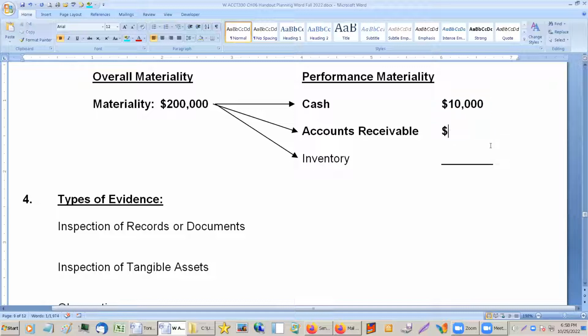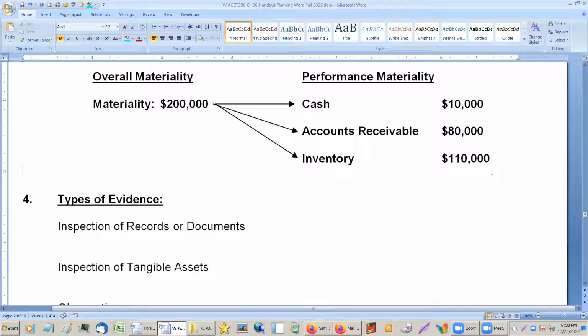Okay, good. 80,000. And what would that mean for inventory? What would inventory be? Is it the balance of that, or can it just be any 110,000? Yep. Yeah, so 110,000.